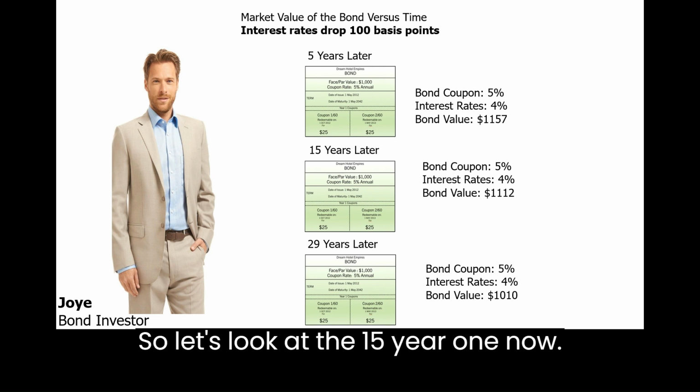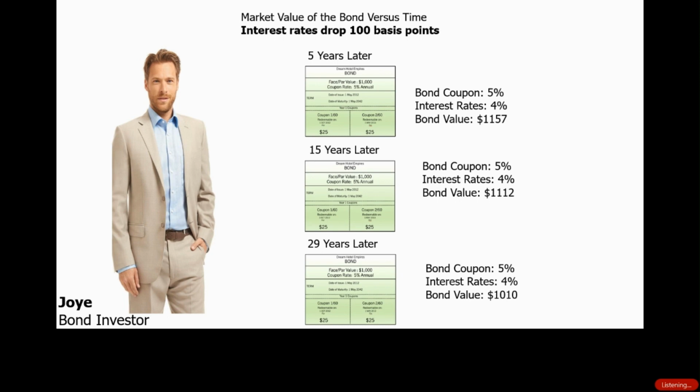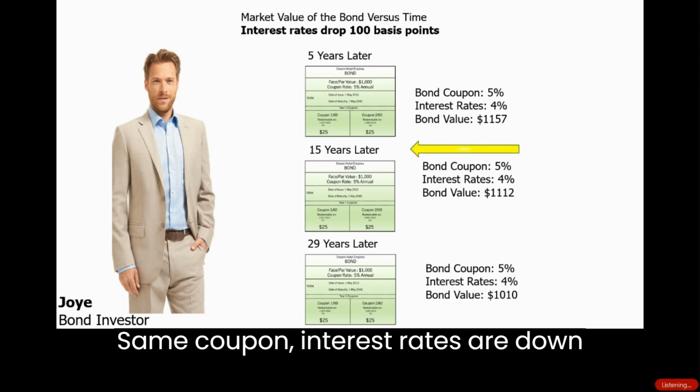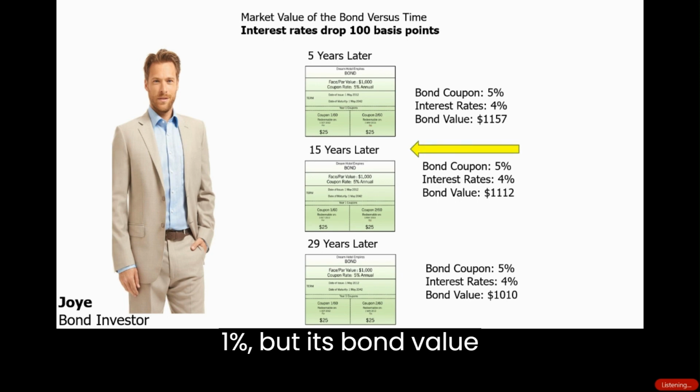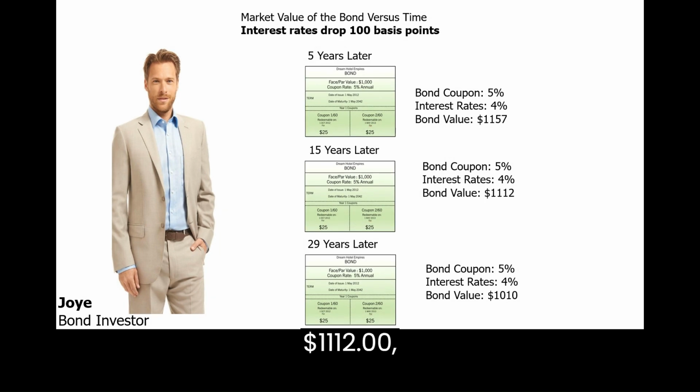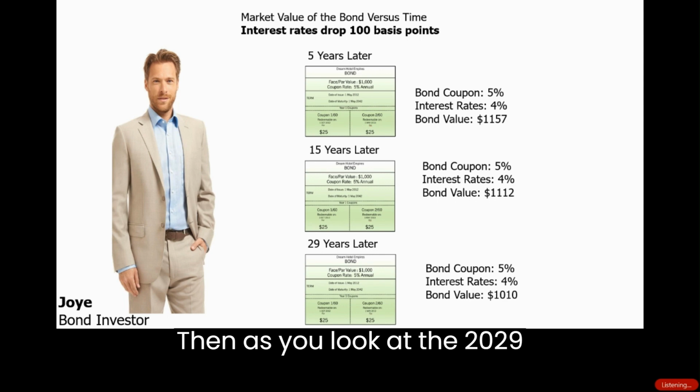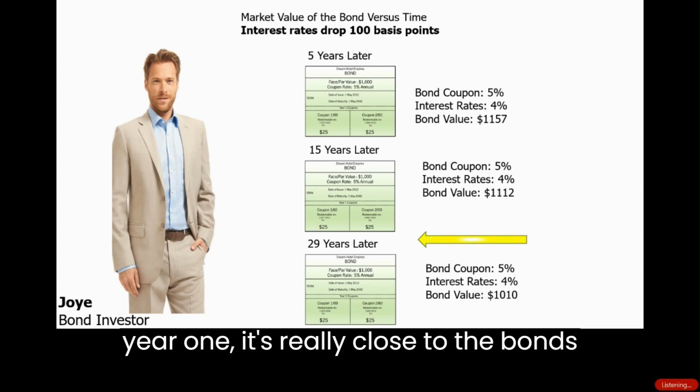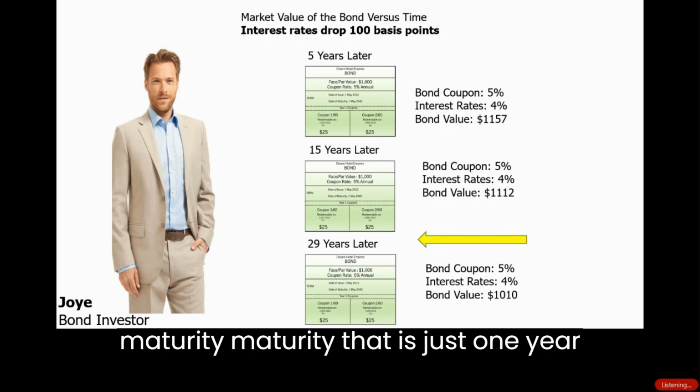So let's look at the 15-year one now. Same coupon, interest rates are down 1%, but its market value is now only $1,112, which is lower.